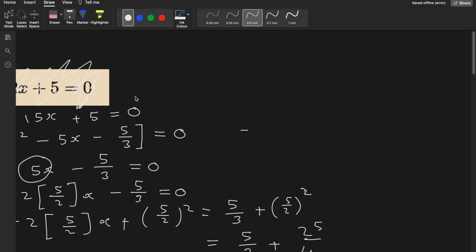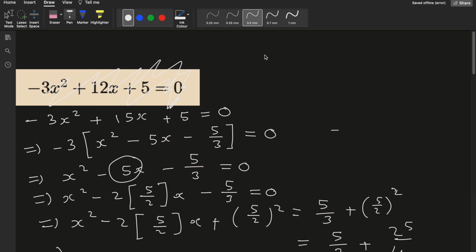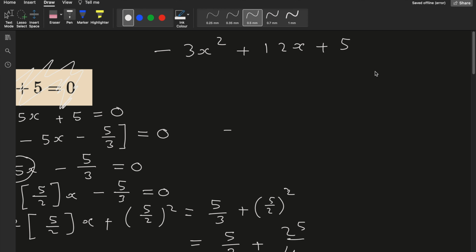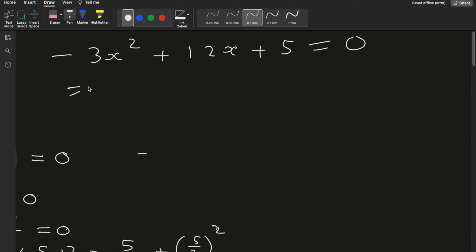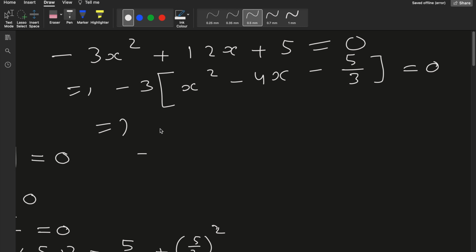If you want, we could solve this one also. I'll just do that right now. So that would be 3x squared plus 12x plus 5 equals 0. This implies that minus 3 into x squared minus 4x minus 5 divided by 3 equals 0, which implies that x squared minus 2 into 2x, because 4 divided by 2 is 2, minus 5 divided by 3 equals 0.